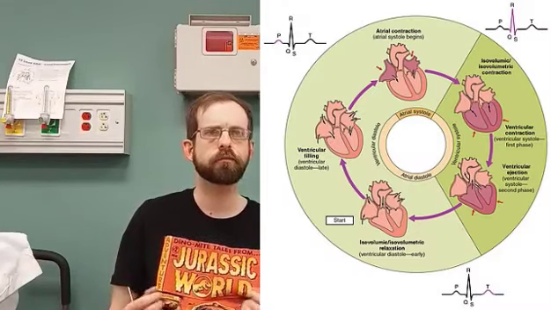Now let's build upon that concept and utilize a variety of different resources that you will encounter in this week's assignment, to build a stronger concept called the cardiac cycle. But what is the cardiac cycle?